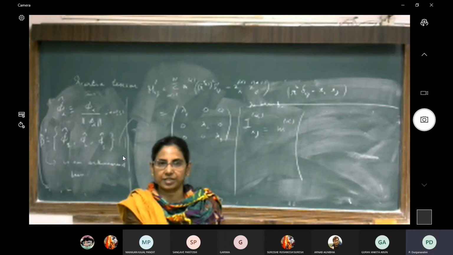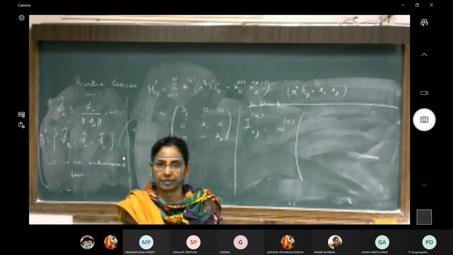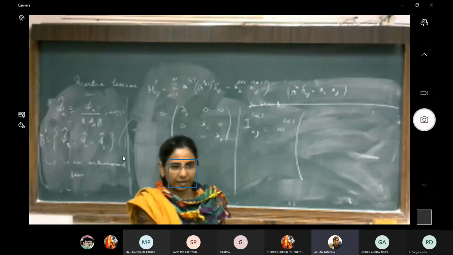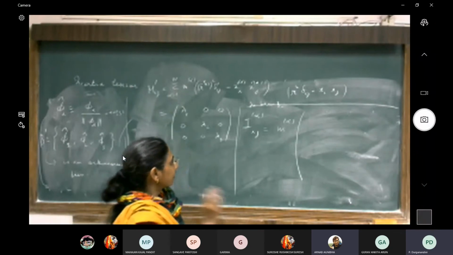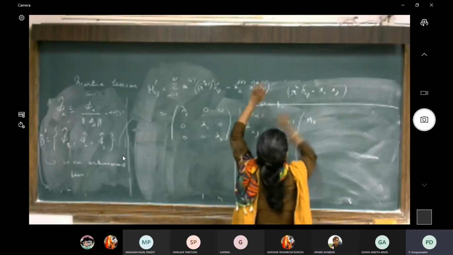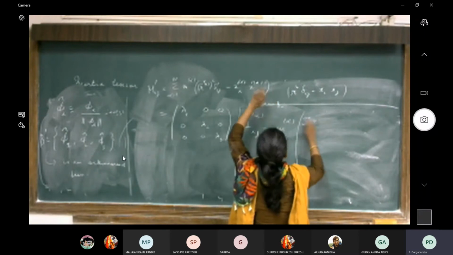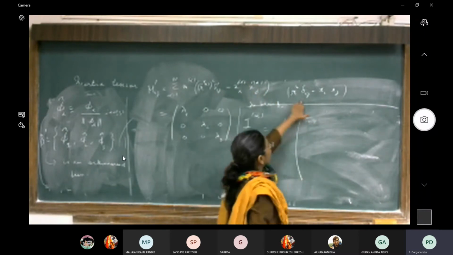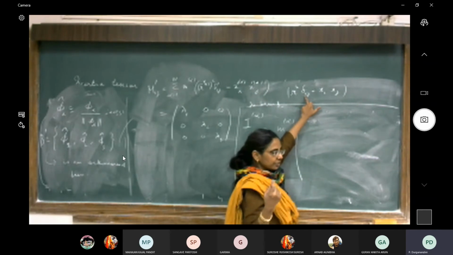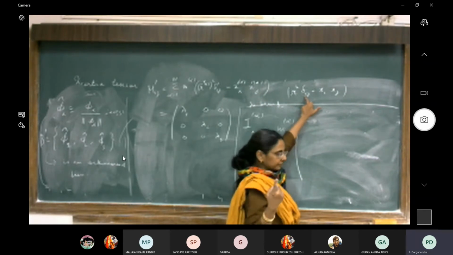Or in general, what is R squared? x1 square plus x2 square plus x3 square. Now I have the 1, 1 element of this object. So if I take 1, 1 here, what will I get? I'll get delta 1, 1, so that answer will be 1.